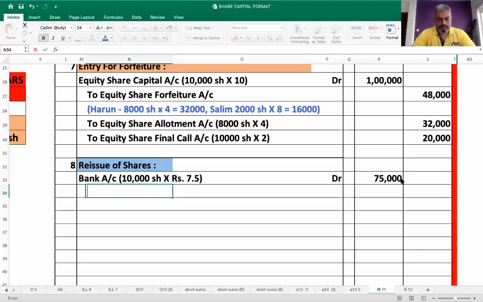Before writing the credit, now share is of face value rupees 10. We are issuing it for 7.5. So 2.5 is our discount which we will give from equity share forfeiture account. So here we will debit it. Equity share forfeiture account debit.